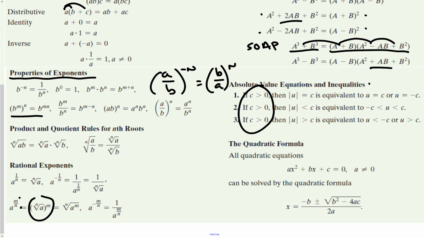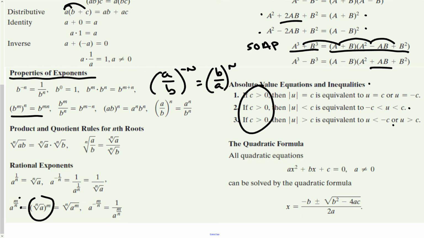With a less than inequality, we have a conjunction, just like an "and" inequality. And with a greater than inequality, we have a disjunction, an "or" inequality. Finally, the quadratic formula.